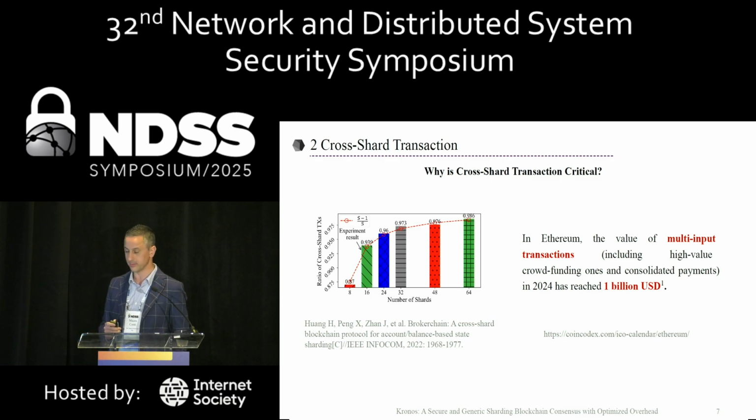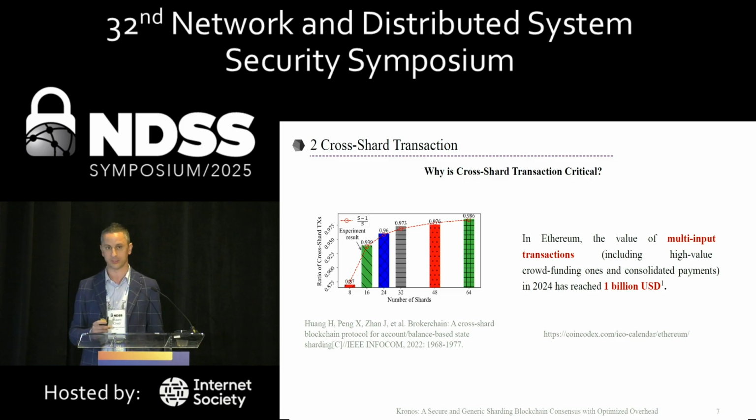As you can see from the right part of the slide, in terms of amount, in US dollars, in Ethereum, the value of multi-input transactions, including the high-value crowdfunding ones, was estimated at 1 billion in 2024.